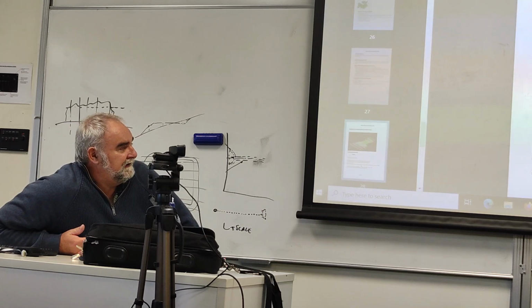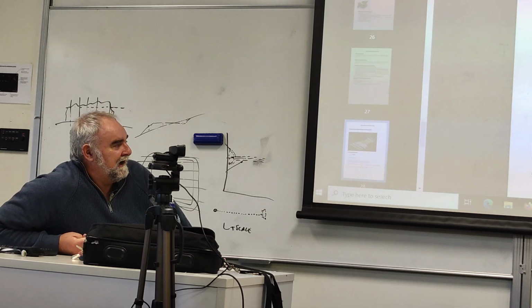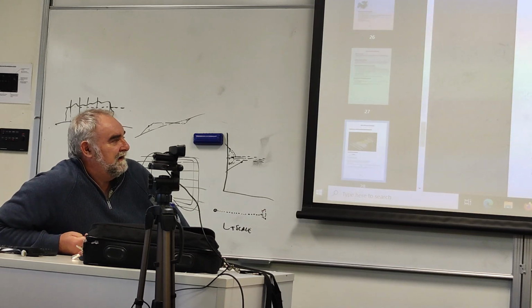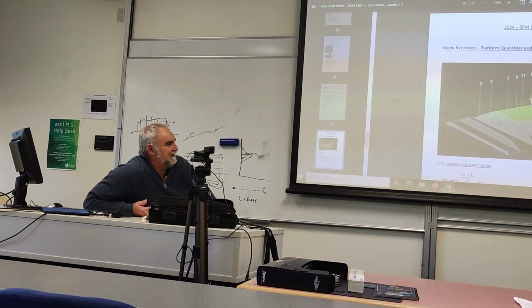And you can see the grey bits are the volumes underneath or above, so the amount of fill that's needed or the cut that's needed. The numbers there are how far along the road we've travelled in each case to get to those particular volumes.